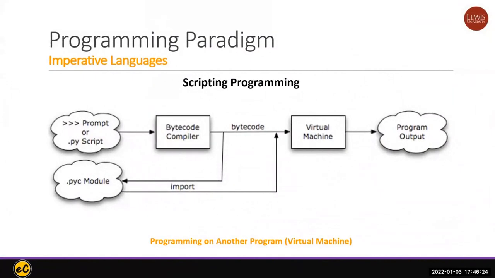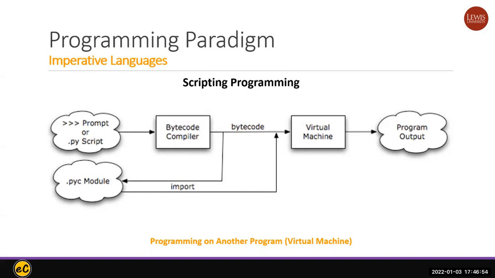Okay, next one is scripting language. Scripting languages usually use the idea of a virtual machine. Right here, your machine code is completely detached from your language. The virtual machine can be a program that operates on your processor, or it can be a web engine.